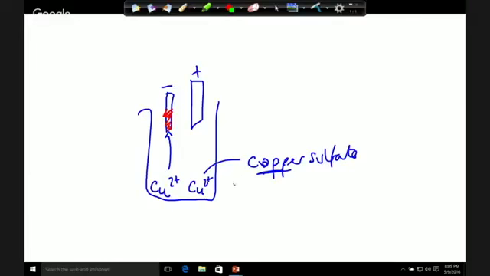And the reason, to answer your question, that it's got to be copper sulfate is because if you had silver nitrate in here, for example, then you would have silver ions that could go and be attracted to your electrode. You wouldn't want that because you just want the copper going there.